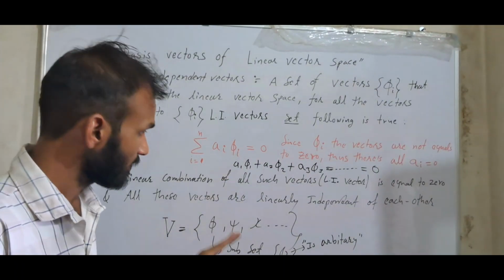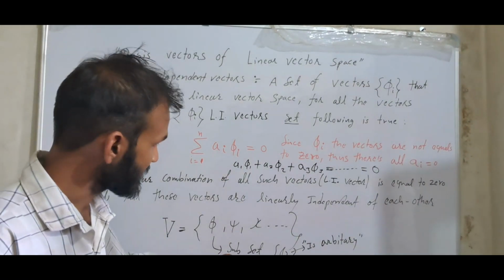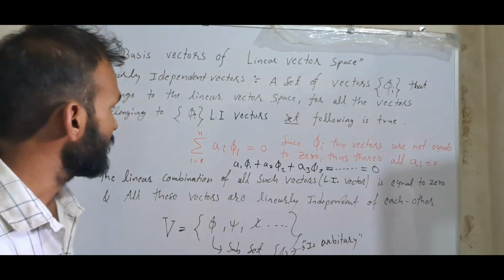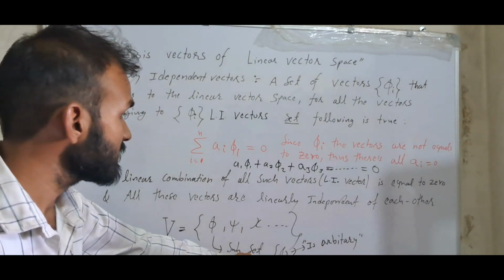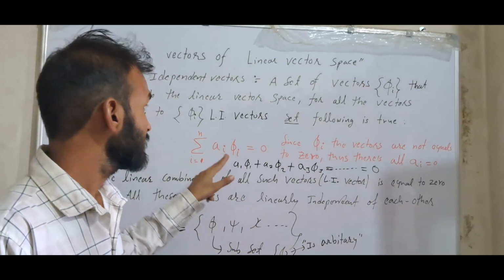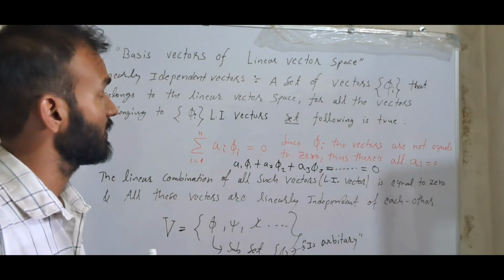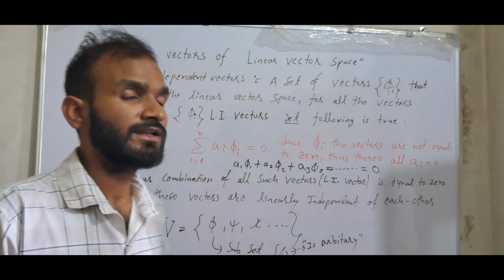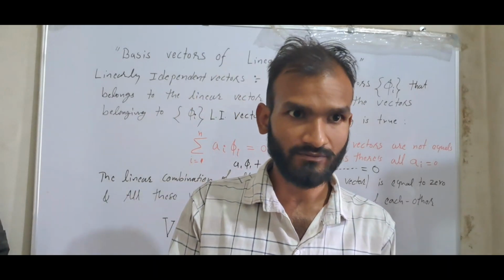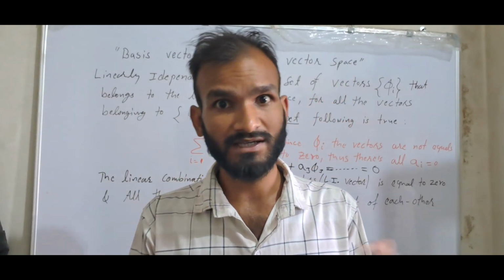So for the subset phi I, for all these vectors to be linearly independent, this condition must be true, or it should be followed. So these are the linearly independent vectors. Again, we are not talking about the basis vectors.